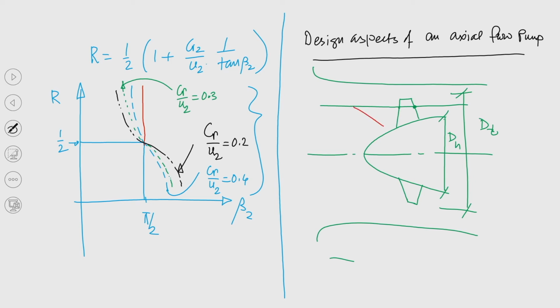So, this is C1 and this is U1, this angle and this is W1, this angle is beta 1. So, this is the beta 1, right, and similar to CR1 flow velocity, for the axial flow pump we will be having CZ1. This is the Z direction.